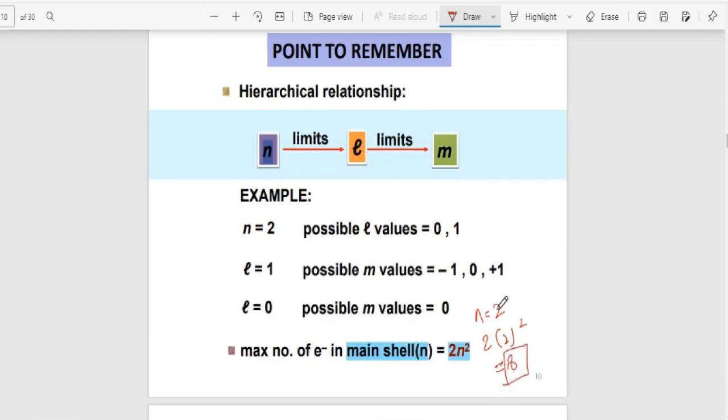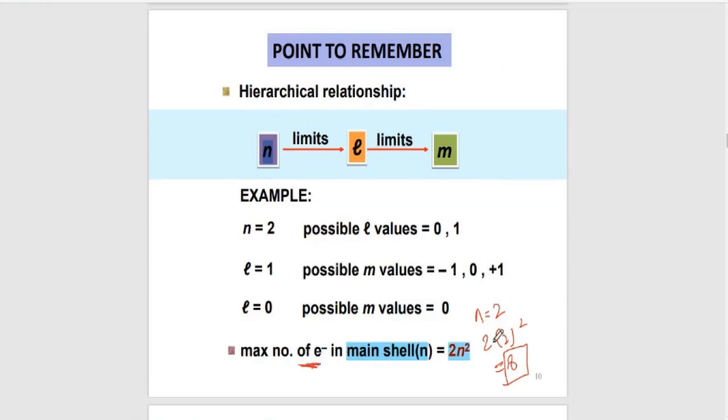When N equals 2, how many electrons are there? Maximum number of electrons in the main shell. When N equals 2, L equals 0 and 1. For L equals 0, M equals 0. For L equals 1, M equals negative 1, 0, positive 1.